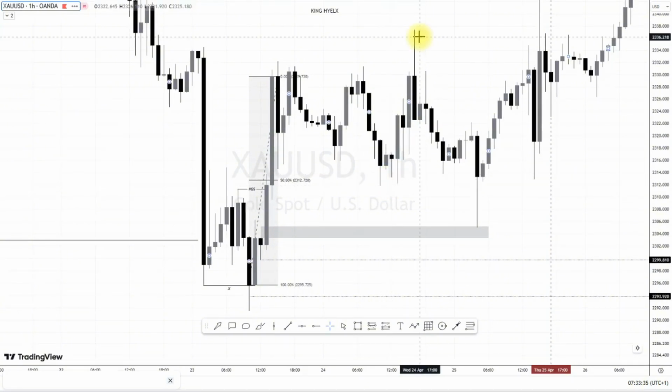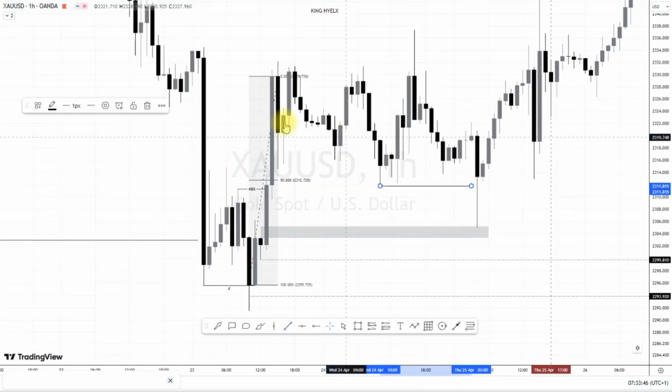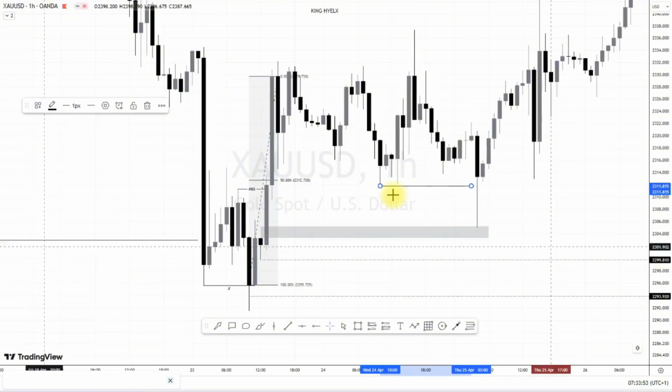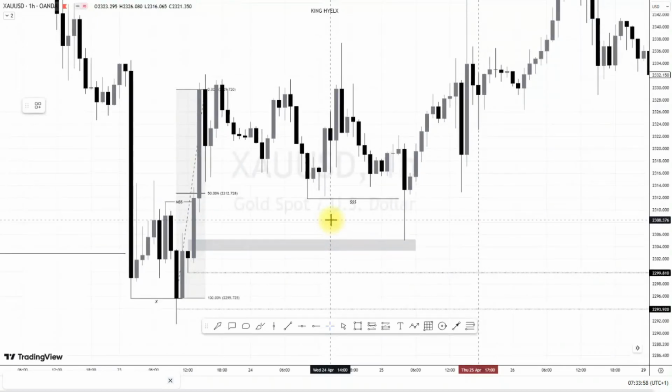It's an early buy to induce people to come in, and price will come, sweep their liquidity, and then trade into the actual POI. So this is our inducement. You can see this really beautiful inducement, like a low resistance liquidity run.